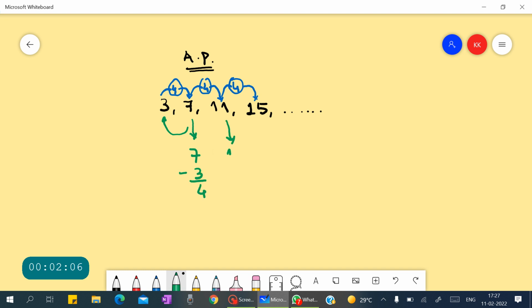Similarly, from 11, if we subtract the just preceding term 7, what we get? 4. Similarly, from 15, if we subtract the preceding term 11, what we get? 4. This remains constant. Do you see it? So my dear students, this is called an AP.